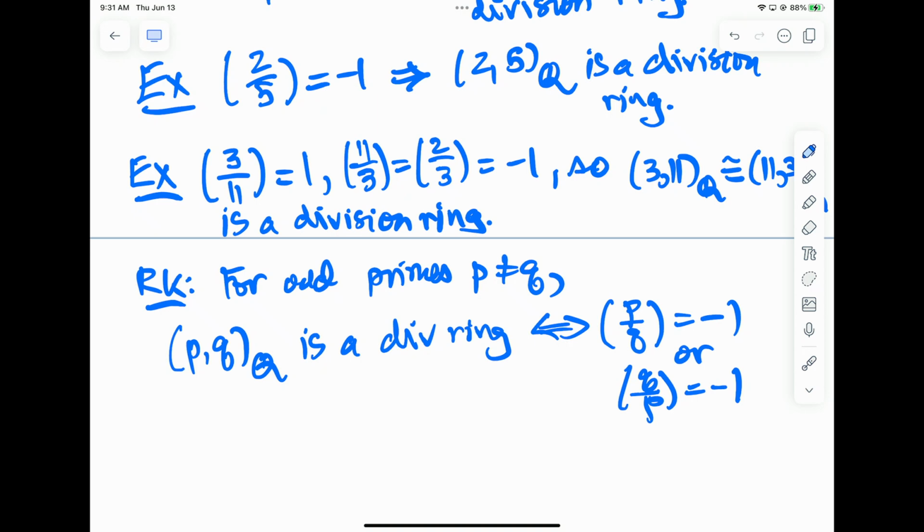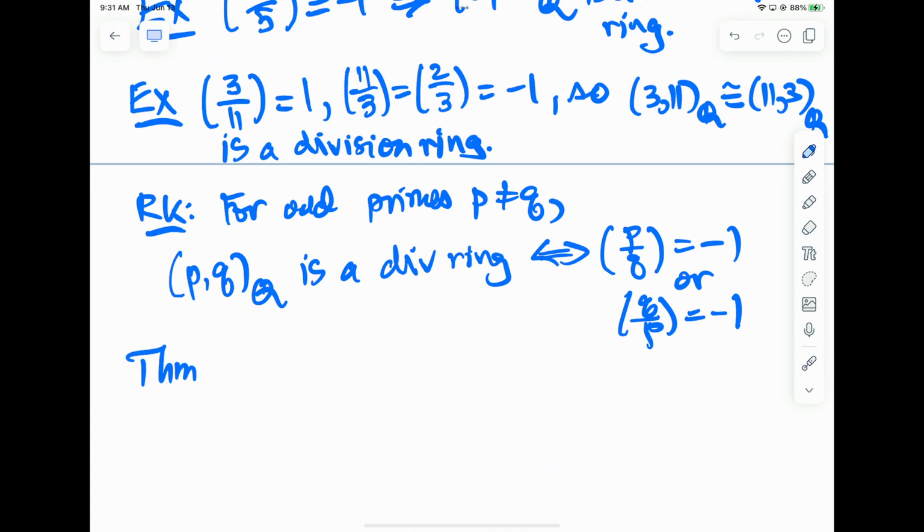Okay, so now here's the big theorem about what we would really like, which is to be able to find multiple examples. Like there are infinitely many quadratic fields. Q join root 2, Q join root 3, Q join root 6, Q join root 7, lots of quadratic fields. And so here's a criterion that we're going to see can tell us, in fact, unlike real division rings, unlike p-adic division rings of a fixed dimension like dimension 4, there are infinitely many quaternion algebras over Q. And so here's the condition for that.